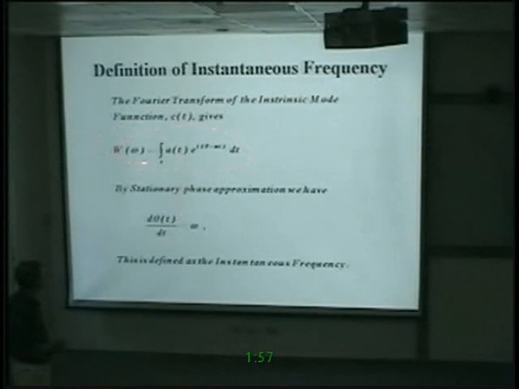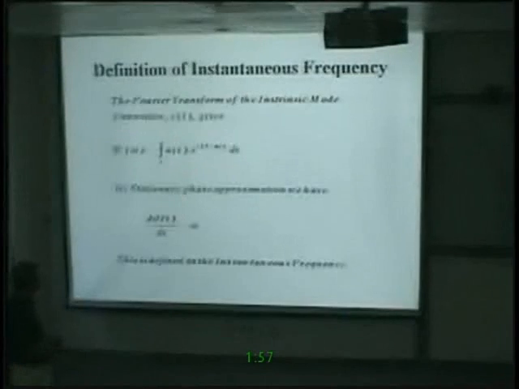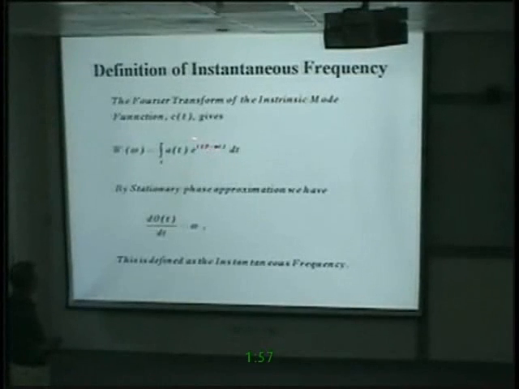Stationary phase means that I take C and write C equal to e to the i theta. I do a Fourier transformation, which gives me this value. Whatever that value is, I don't care. That value may be the spectrum, I don't care. But I ask, what is the major contribution from that? The major contribution comes from the stationary phase, where the time derivative of the phase equals 0.